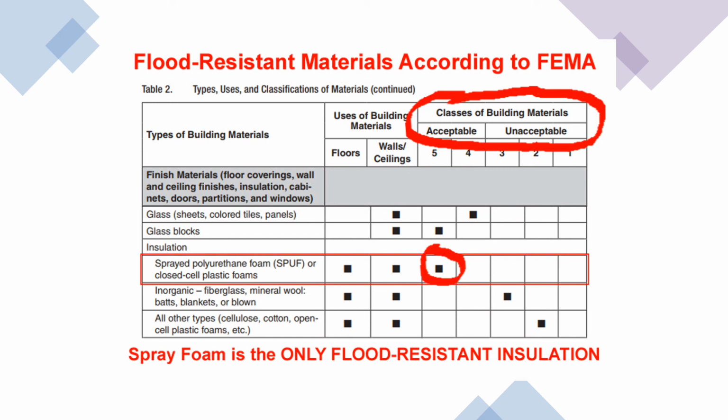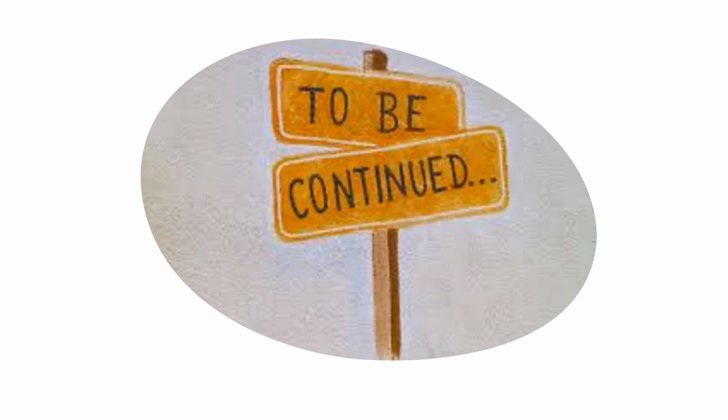Because if it's waterproof flooring, it's also airproof, so you can't get air through it. You've got to be really careful about the different types of building materials that you use. We could go on and on about building materials. You can never get to all of them, so we're just going to say to be continued.